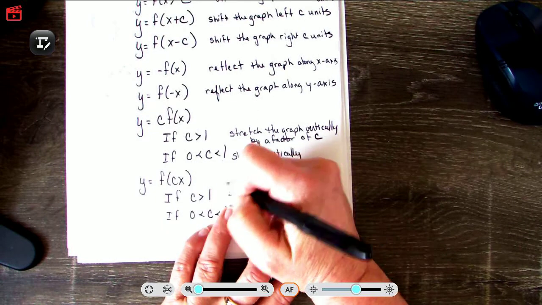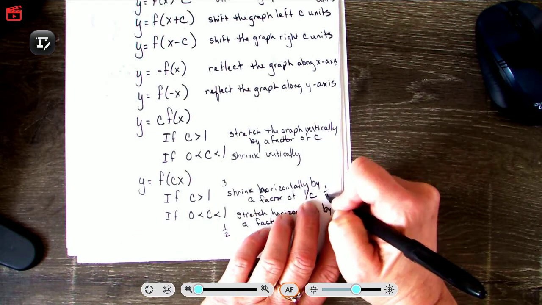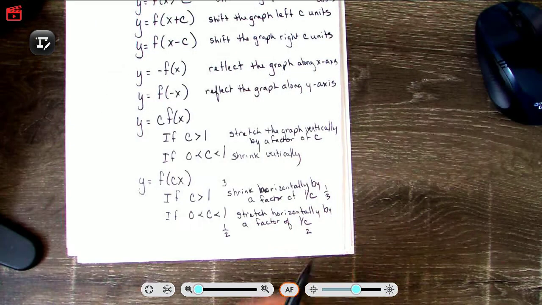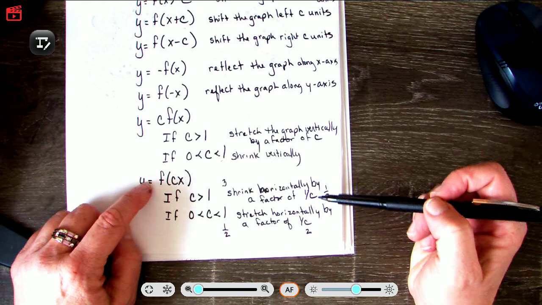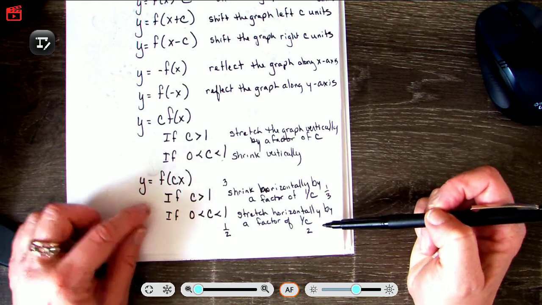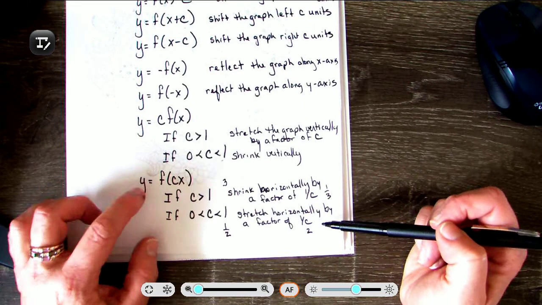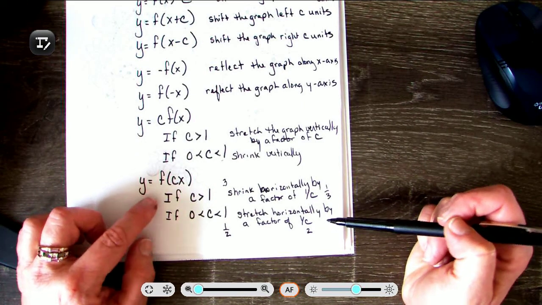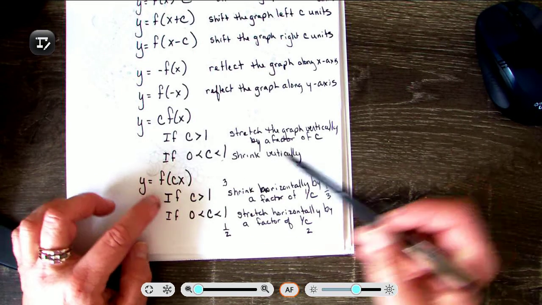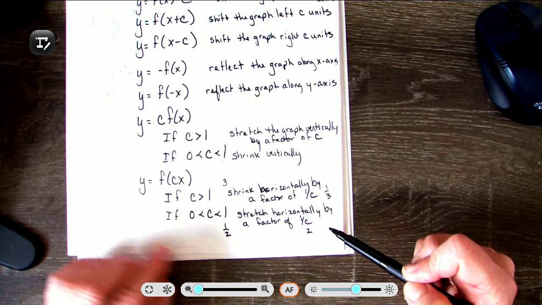If c were 3, we'd be shrinking it by a factor of a third, bringing it in 1/3. We'll see all of these in detail again later, but this one really makes more sense when we start talking about trig functions, something that is periodic. We'll see how that c affects things a little bit more in detail there.